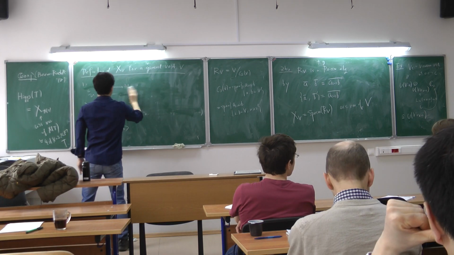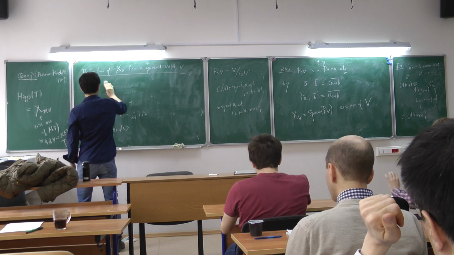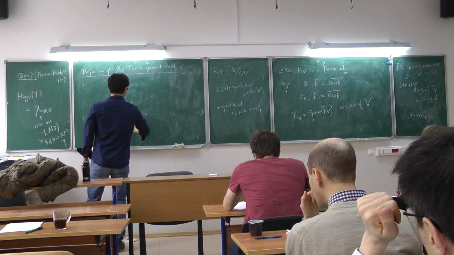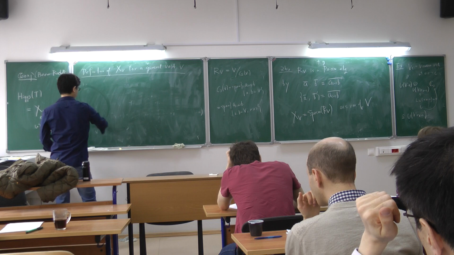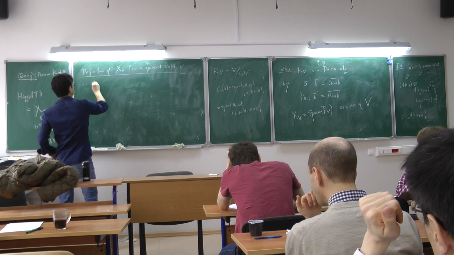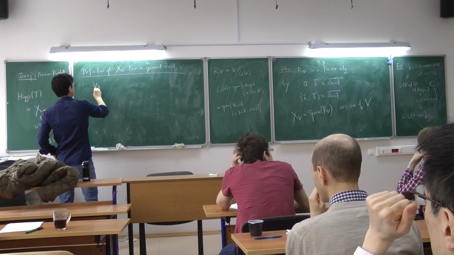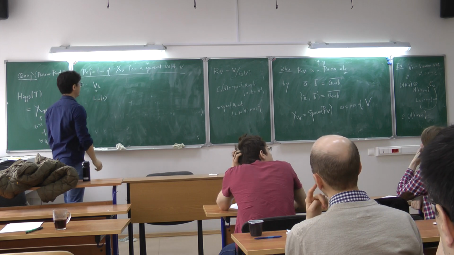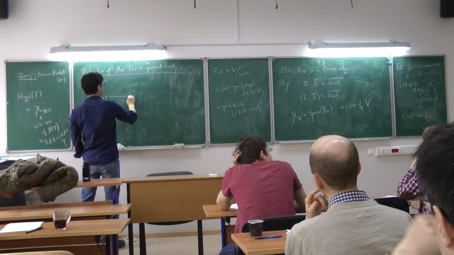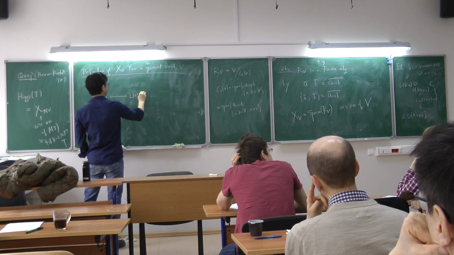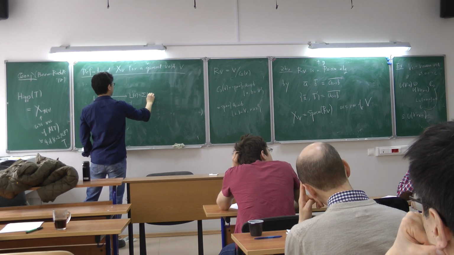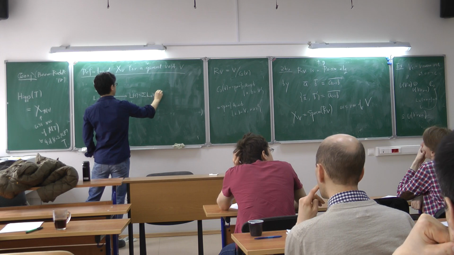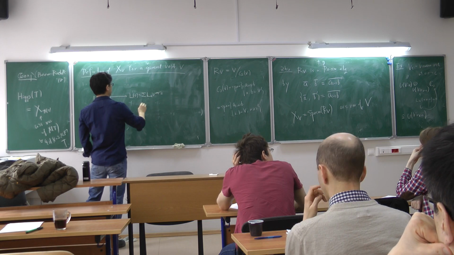This structure is determined by the image of the so-called conformal vector. V_c has this vector, and this goes to the generating function of the Virasoro algebra. And this completely determines the vertex algebra.